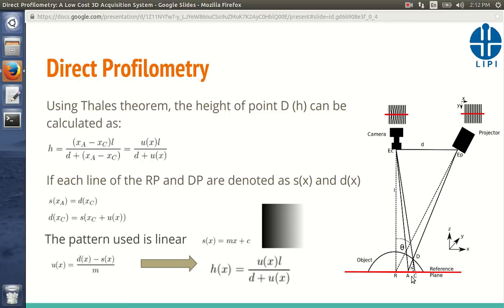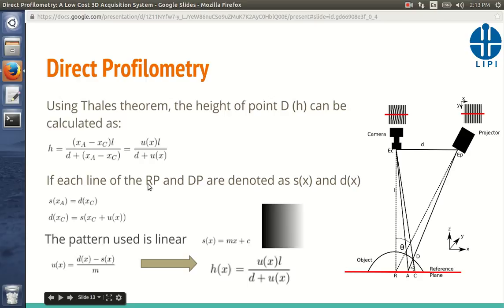Okay, when we denote this XA minus XC as UX, or maybe we can call it a shift function, then we can formulate it as the shift function times L divided by D plus the shift function.